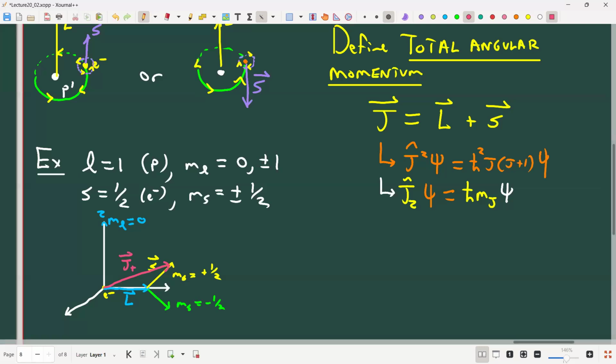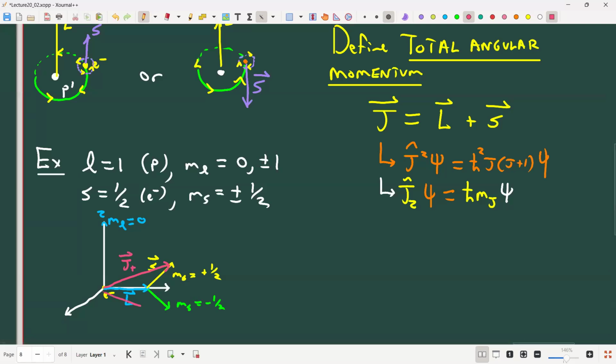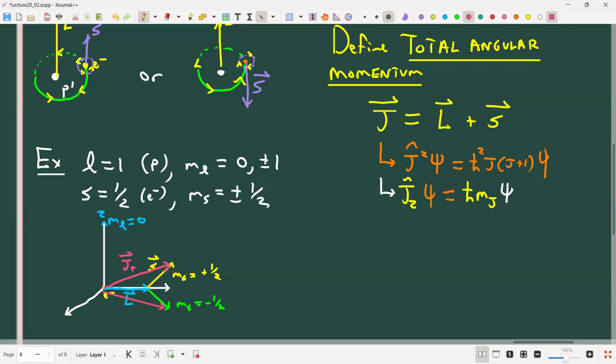We'll call that J plus. And there's an equivalent vector down here, which is the sum of the minus component, J minus. Okay, so now I have these two new vectors that are pointing in different directions. What are the values of J and J sub Z, the two components that I can measure?